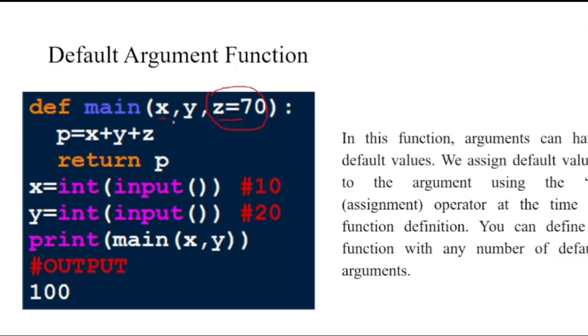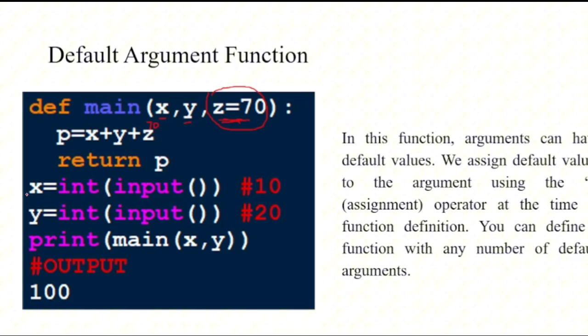So we have x and y, yeah, and then we have the default argument, which is z. So z has already been assigned a value 70. So that means we don't need to input the value for z. It is a default value already, so we don't have to request the user to input this value.